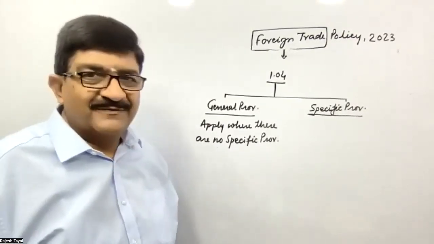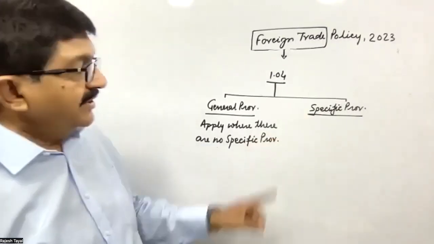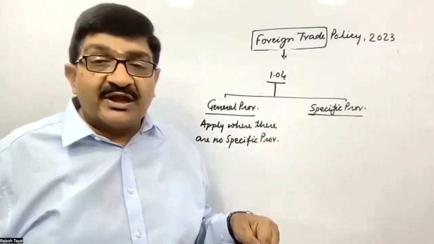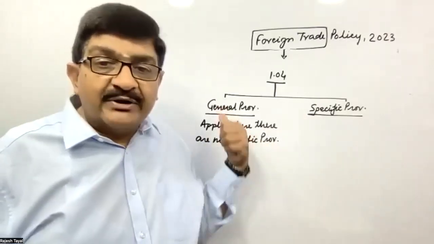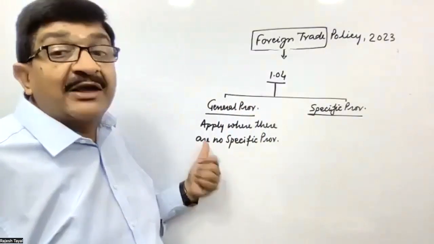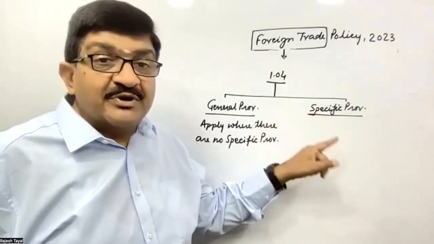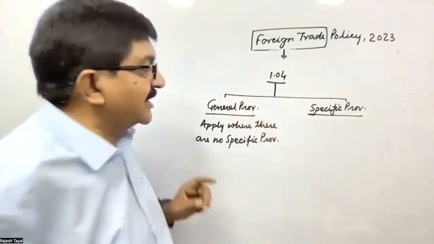Continue that. Specific provisions. If there is any specific provision given, that will always prevail over general provisions. So here what I mentioned, apply where there are no specific provisions. So if there are any specific provisions, those will always prevail over general provisions.